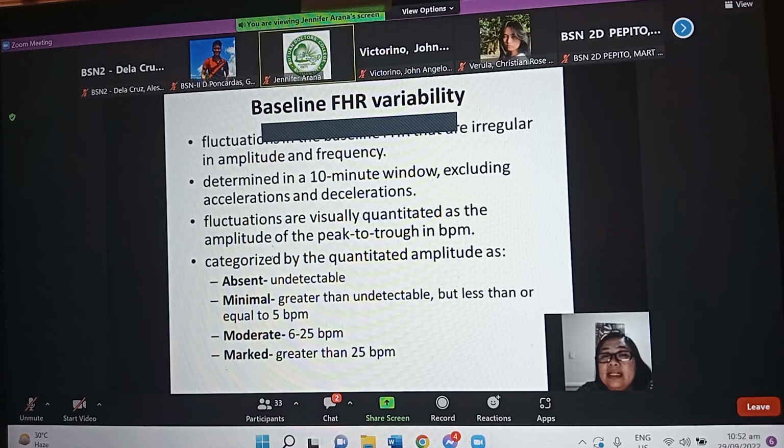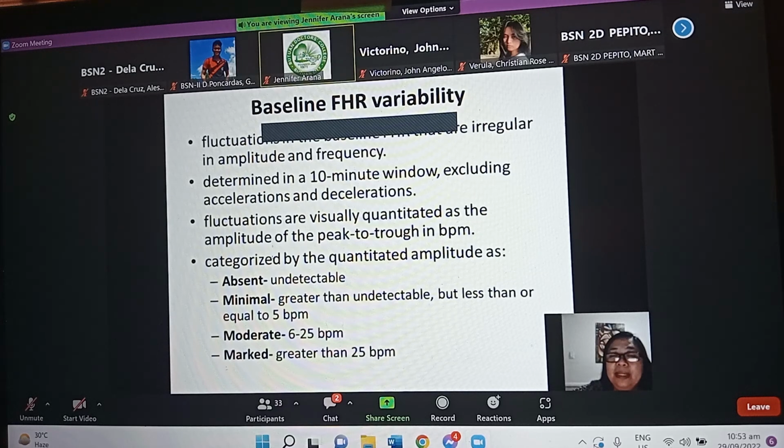It is determined in a 10-minute window, excluding accelerations and decelerations. Okay, 1 minute na yung makuha ng fetal heart rate, but you have to get the average within 10 minutes. Fluctuations are visually quantitated as the amplitude of the peak to trough in beats per minute.